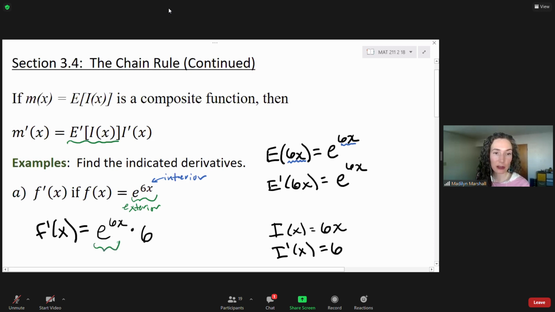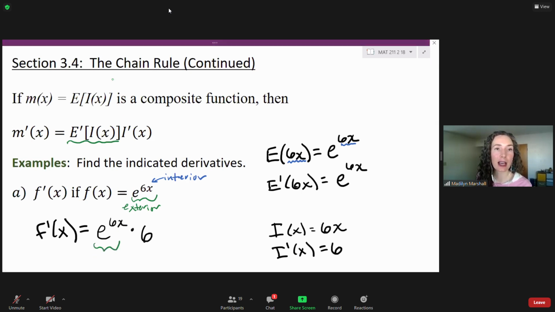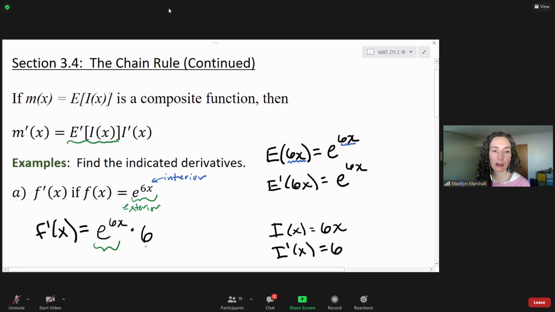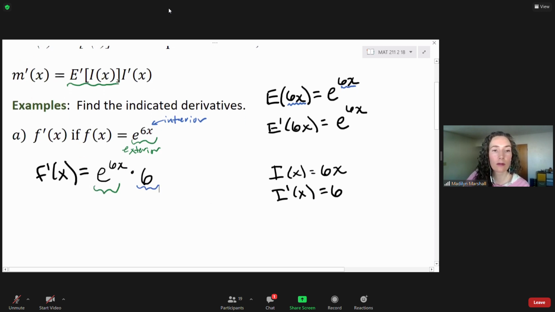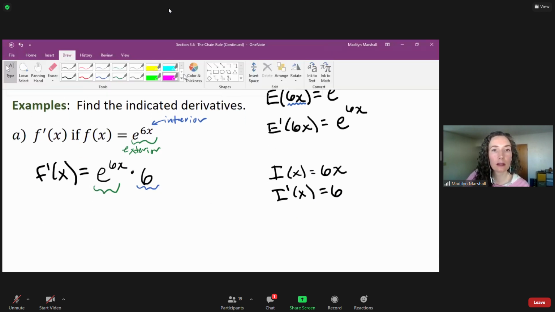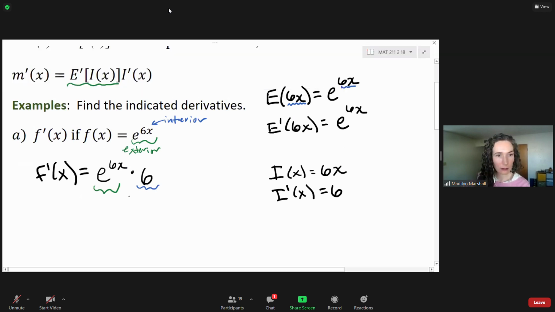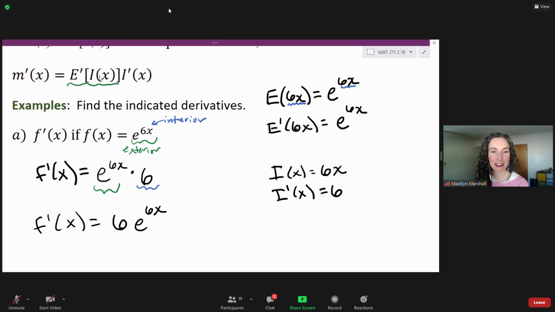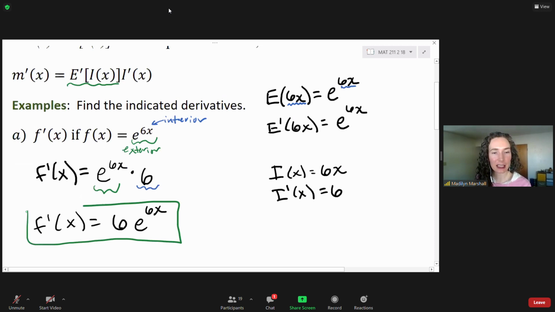We can just go straight to the derivative of the exterior times the derivative of the interior. And it looks nicer to just bring that 6 out in front. So now our derivative is 6e to the 6x.